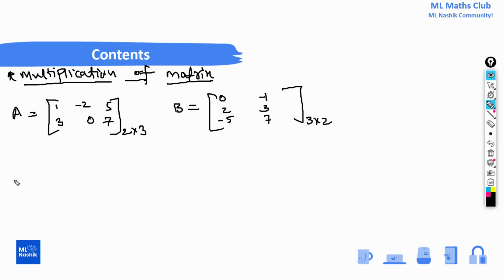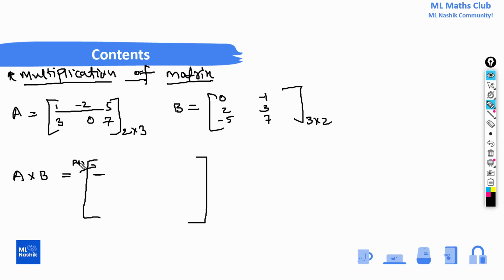So if I want to multiply these two matrices, A and B, to find each element of this matrix, you have to multiply the particular row and column of that particular element. For example, if you want to find this first element, the position of this element is A11.